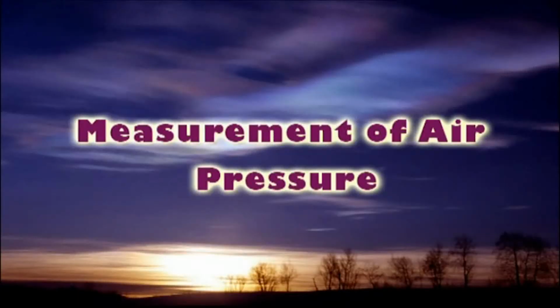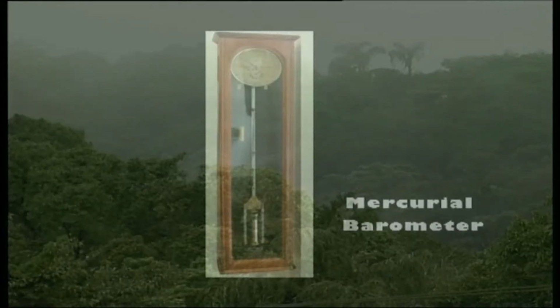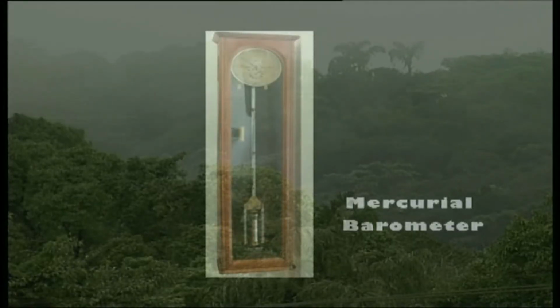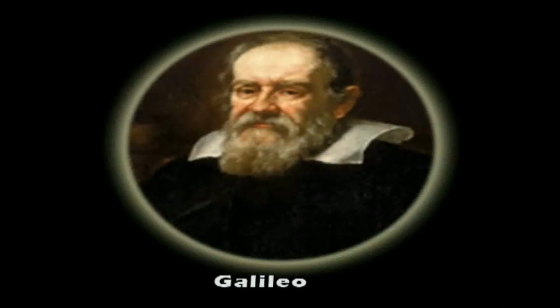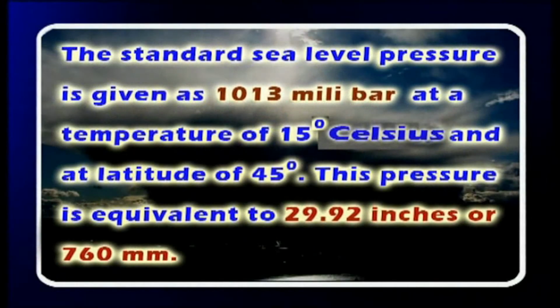Measurement of air pressure. The atmospheric pressure is measured most accurately with the help of the mercurial barometer. Evangelista Torricelli, a student of Galileo, developed the barometer. The standard sea level pressure is given as 1013 millibars at a temperature of 15 degrees Celsius and at a latitude of 45 degrees.